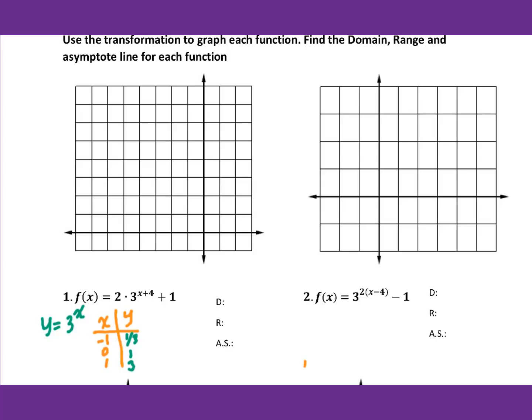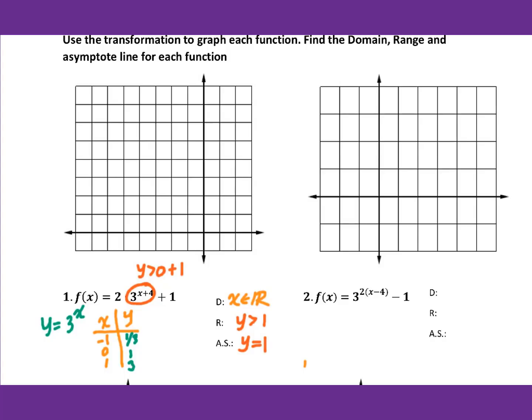For the exponential function, the domain is all real numbers. For the range, I will set up the exponential form y greater than 0. Two times a positive number is still positive. Then I add 1. You will get y greater than 1. Your asymptote line will be y equals 1.